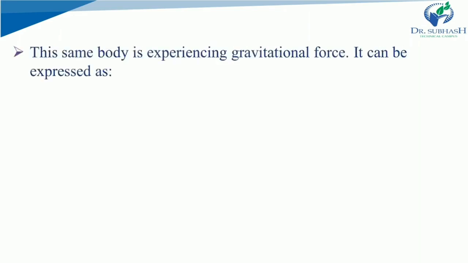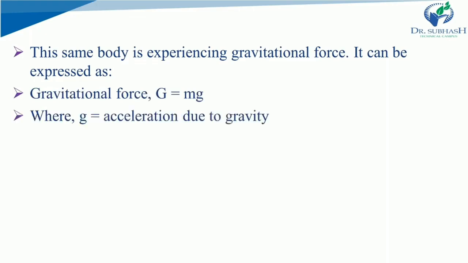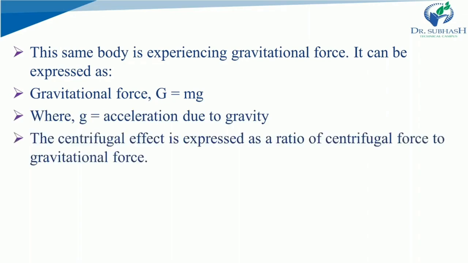Now just imagine that the same body is experiencing gravitational force. Then how can you express it mathematically? Gravitational force G is equal to mg, where small g is acceleration due to gravity. This you might have studied in physics, right? The centrifugal effect is expressed as a ratio of centrifugal force to gravitational force.